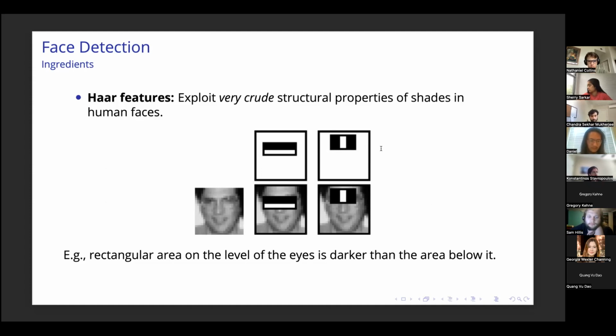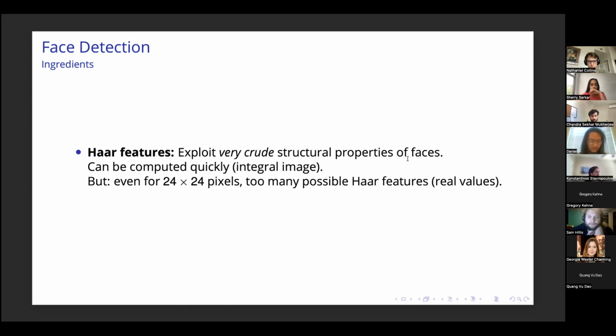There are like 4 types that were mainly used, and the problem is that because we have to put these masks over all possible places in even a small image, this would give a very large number of different real values.